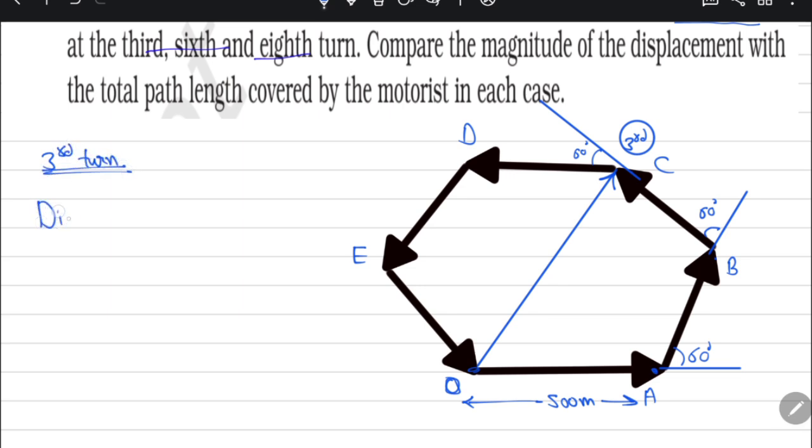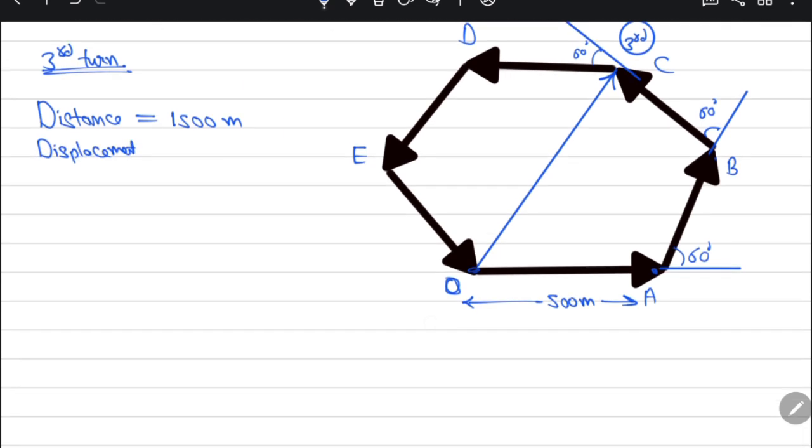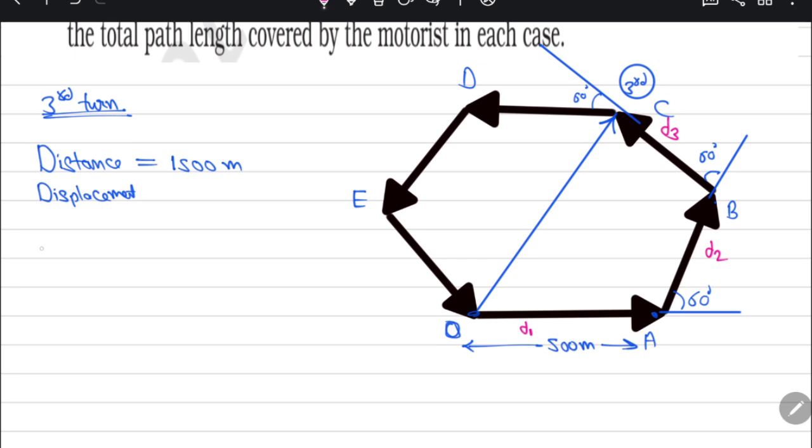For the third turn, our distance is basically 500 plus 500 plus 500, which means 1500 meters. How do we find the displacement? Let me name these d1, d2, d3. So d1 is 500 i cap.